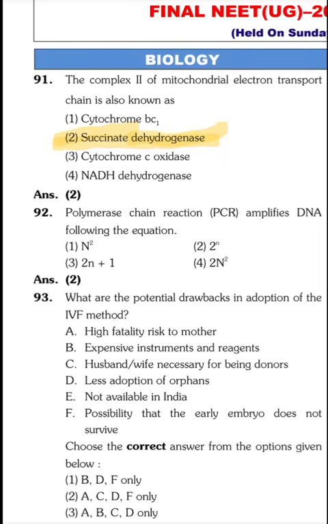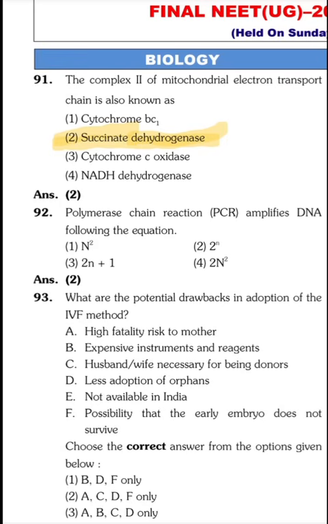Here they have asked it directly as a choice, succinate dehydrogenase, complex 2. You know that complex 1 is NADH dehydrogenase, complex 3 is cytochrome BC1, complex 4 is cytochrome C oxidase. All those we had discussed in the classes also.